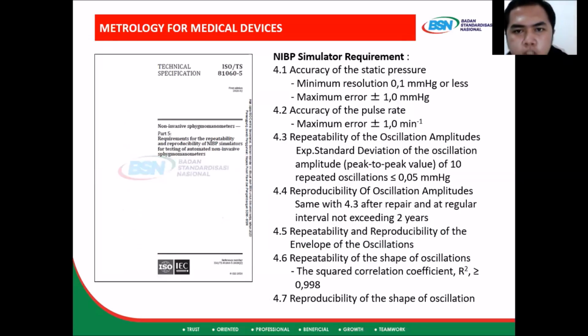And the simulator has requirements according to ISO 81060-5. There are requirements on the accuracy of the static pressure, which is a maximum error of 1 millimeter of mercury with a minimum resolution of 0.1 or less. And then the accuracy for the pulse rate with a maximum error of plus minus 1.